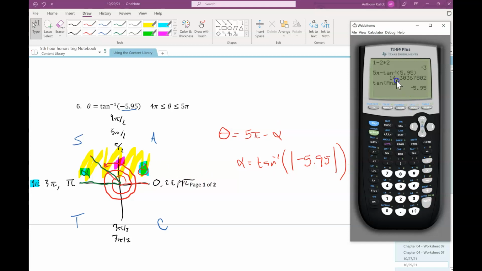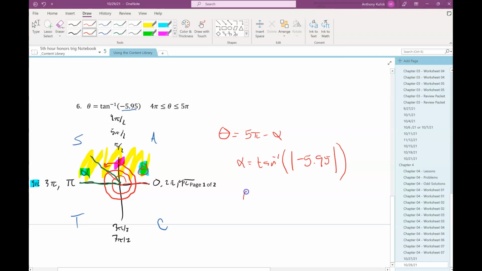And then I want to check to make sure that 1430 is in between 4 pi and 5 pi. So it's bigger than 4 pi, that's good. And it's less than 5 pi, that's good. So I know that my answer is correct.